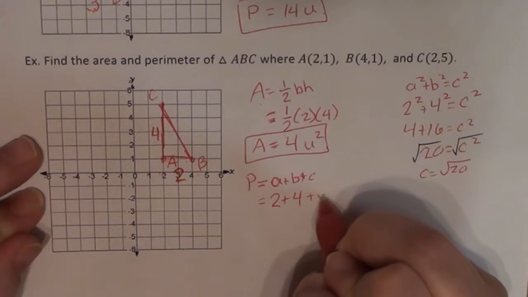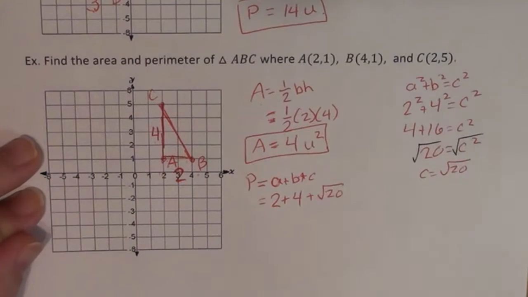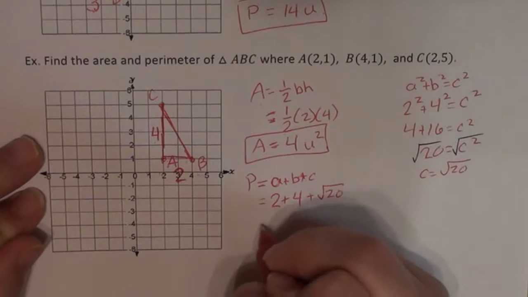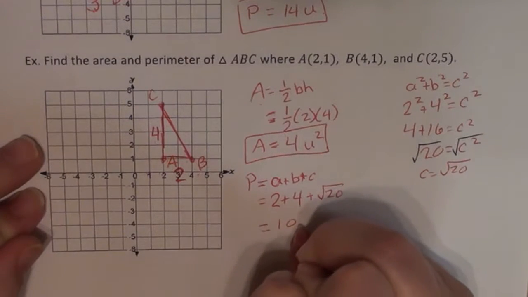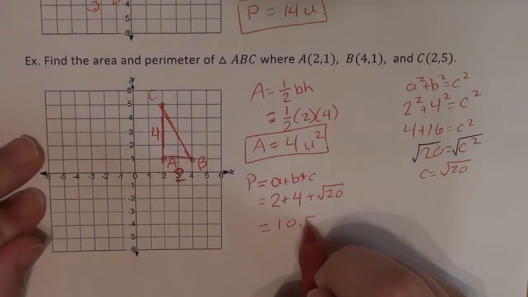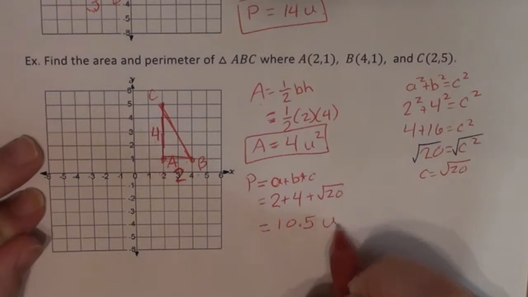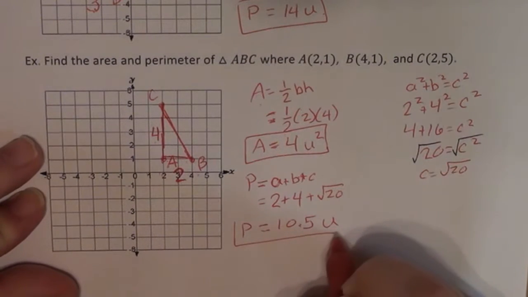And that's what we add on as our third side. Now because of the square root of 20, we do have to use a calculator to actually type this in. And when you do, you get approximately 10.5 units as your perimeter.